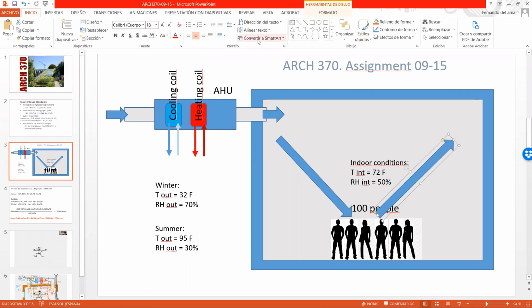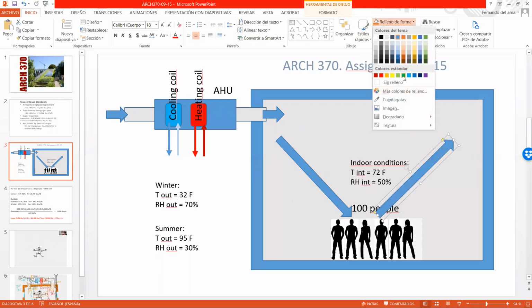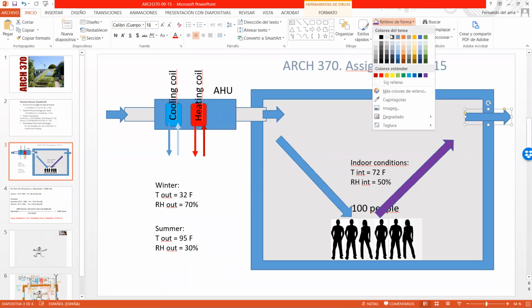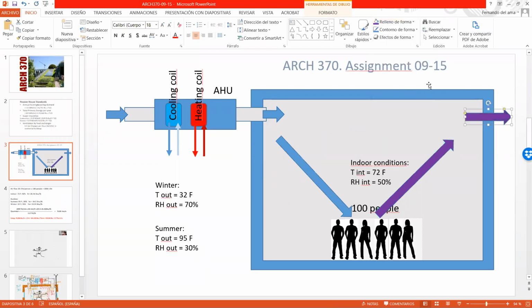Okay, so I'll change the color of this. Eventually this air would be unhealthy, and finally we have to get rid of it. So this is what happens.